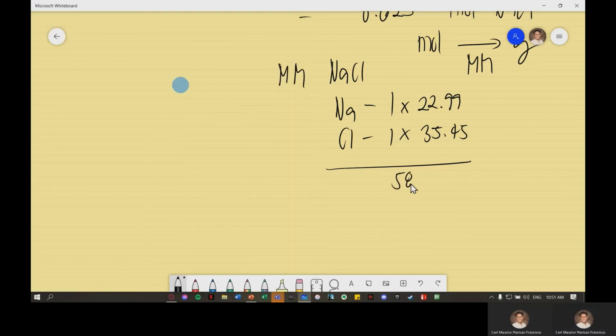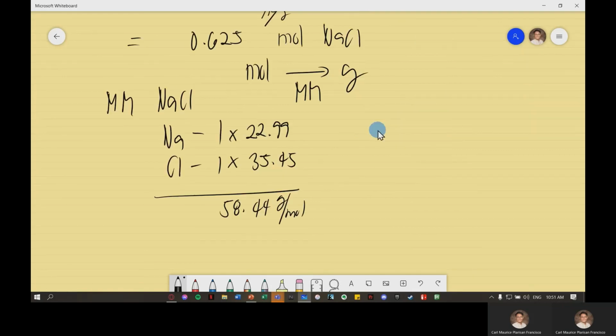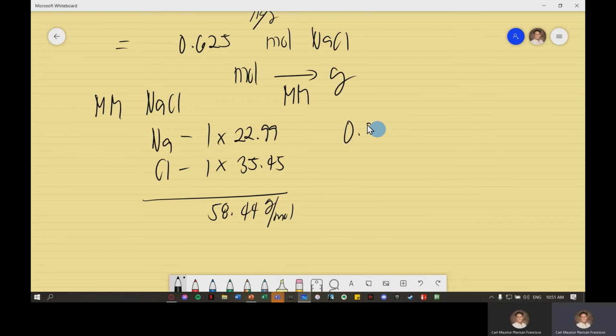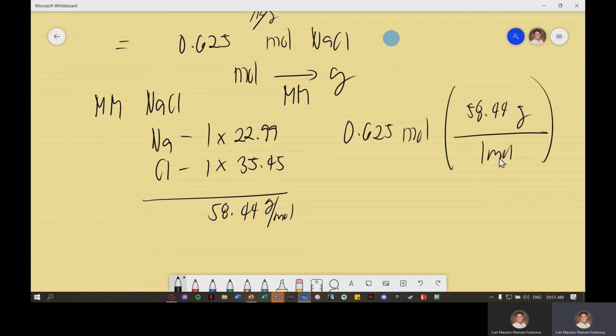58.44. So convert 0.625 moles, multiplied by 58.44 grams all over 1 mole. Mole is cancelled.